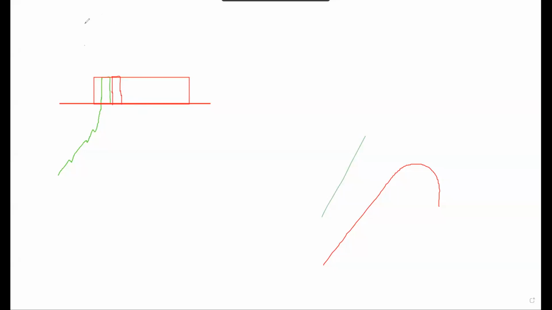In M1, I would be expecting to see something like this, and to be breaking structure somewhere here, right? So that would be my engulf. That would be the visualization of my engulfing in M1, but in M15 it would be appearing like this, right?